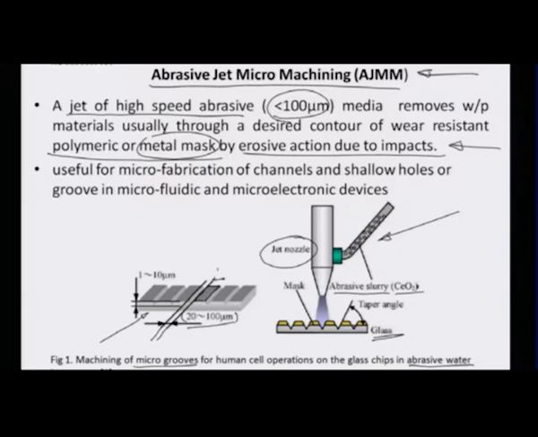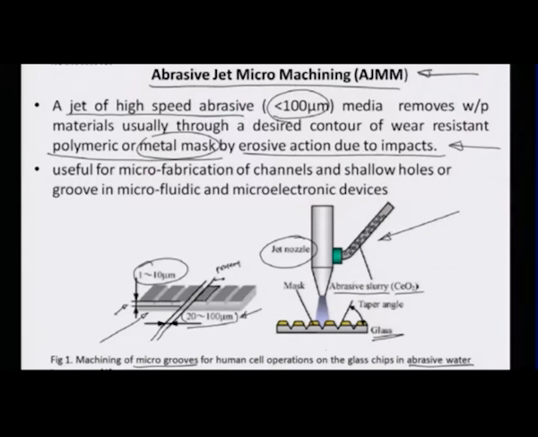So maybe this is about 500 microns or so. Also, what is important for us to understand is that the depth of machining that is obtained in case of such abrasive water jet based machining is about 1 to 10 microns. So the resolution is very fine.